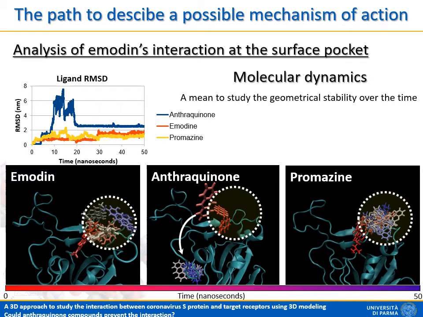We also looked at the interaction of ligands, and what we saw was that over time both Emodin and promazine were able to persist at the protein surface region close to the surface pocket, while anthraquinone definitely was not, basically because it moved out in a one-way direction outside the surface pocket, as you can see in the slide.